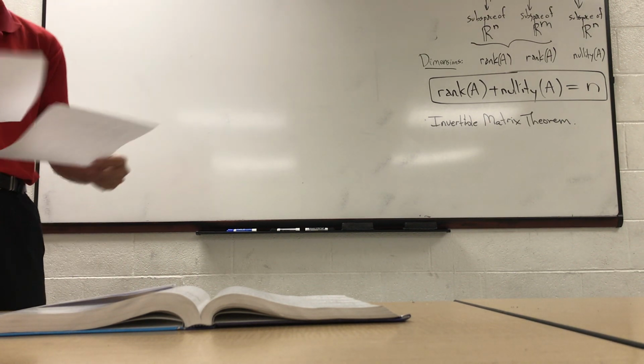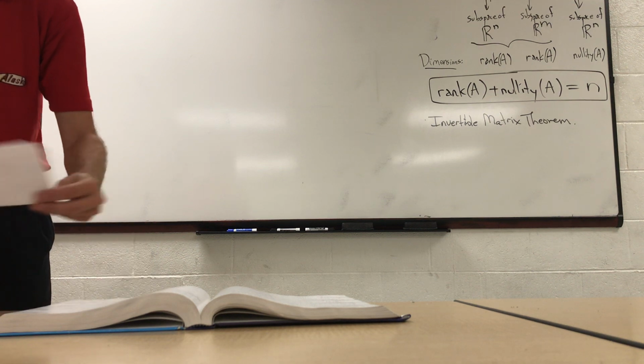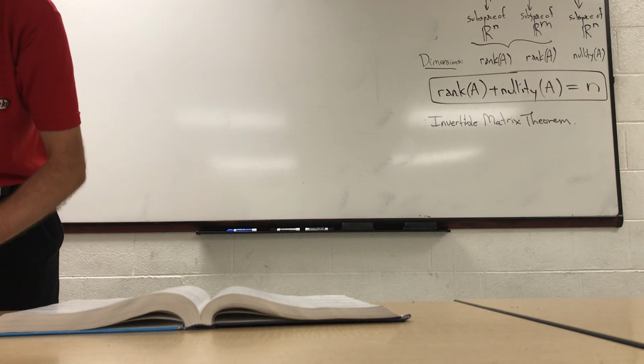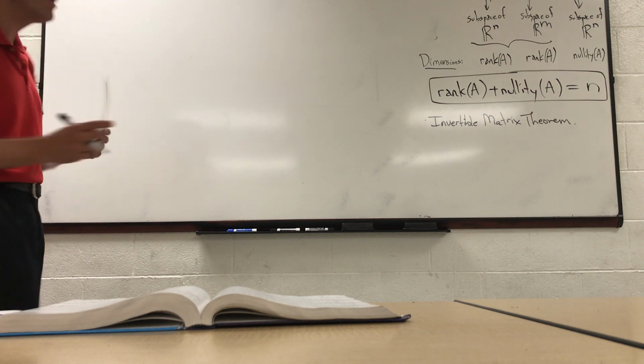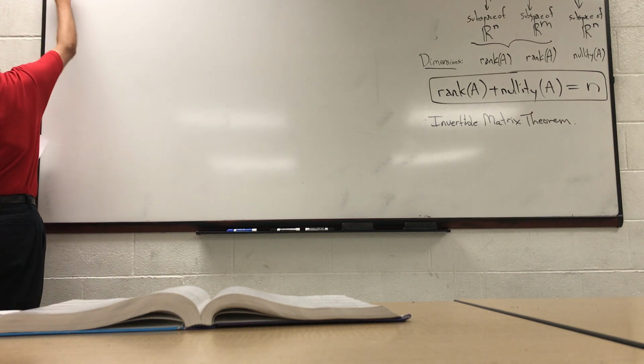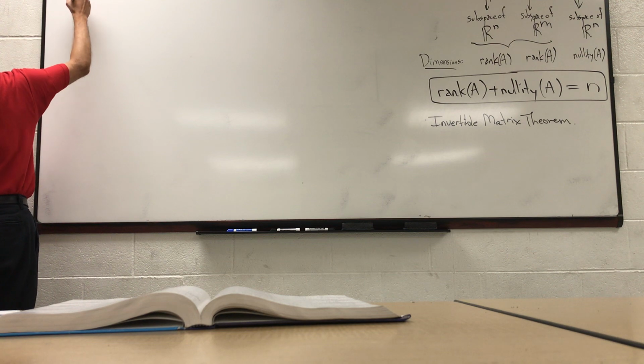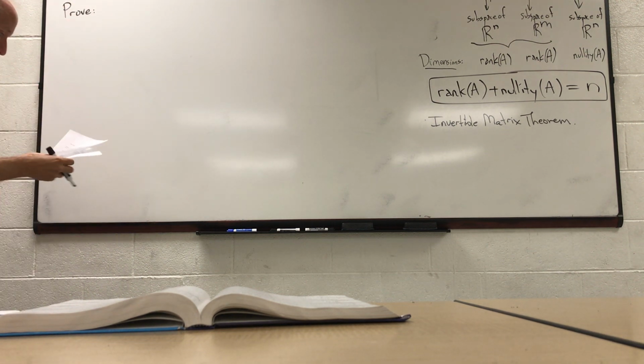Do you mind if I start with a couple of theoretical examples? Maybe that would be good if I can find them. Yeah, let's try some theoretical examples. So here's an example. Prove, and I'm going to give you actually two examples here.